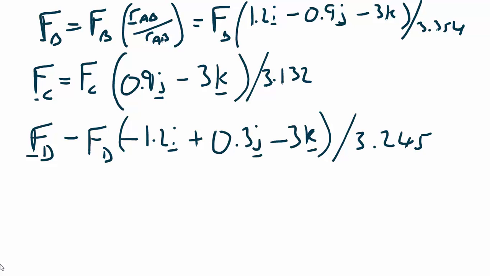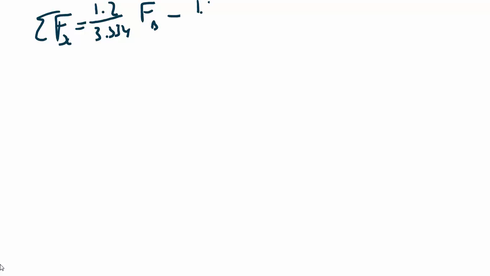So now what I can do is form my sum of the forces in the x, y and z directions. So in the x direction, bringing all my i components together, we're going to have 1.2 over 3.354 FB minus 1.2 over 3.245 FD.